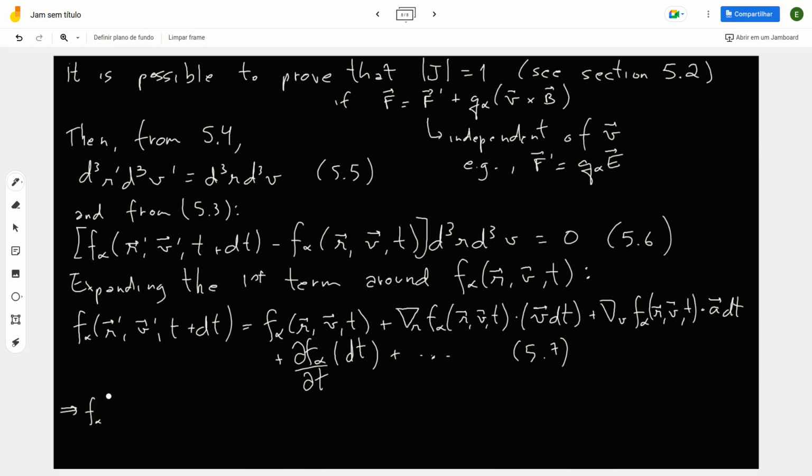So I have f(r, v, t plus dt) minus f(r, v, t) equal to, well, everybody now has a dt here, so I'll leave dt in evidence.